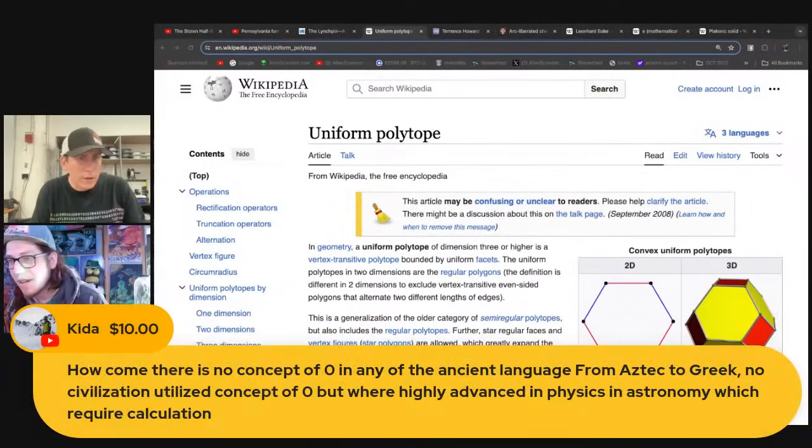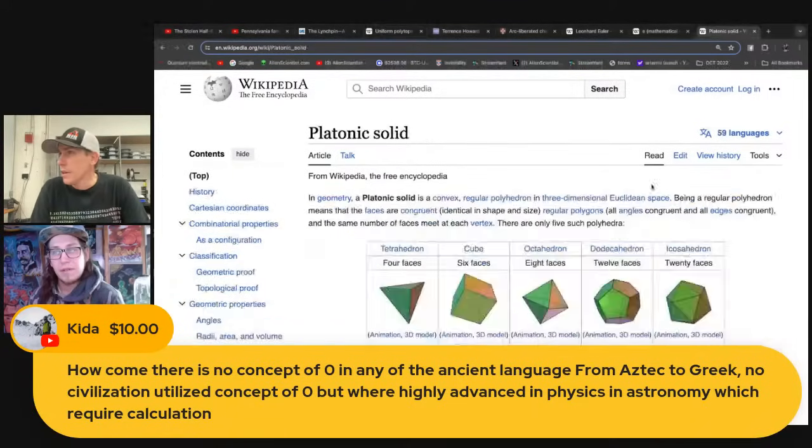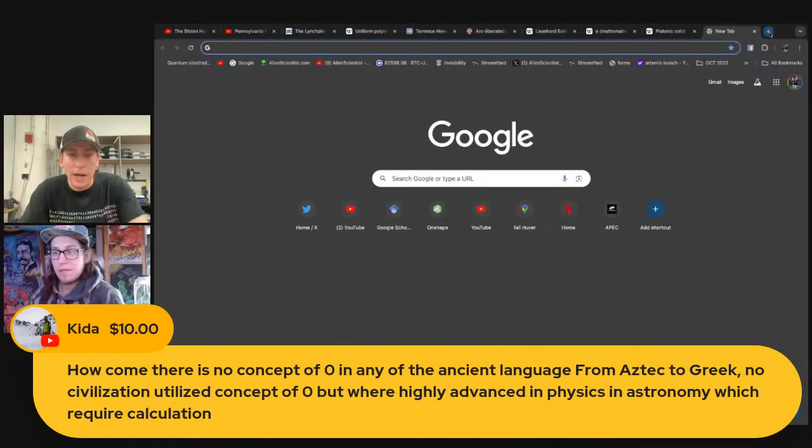Anyways, we got a super chat in there from Kaida. Oh, here we are. How come there is no concept of zero in any of the ancient languages from Aztec to Greek? No civilization utilized the concept of zero, though they were highly advanced in physics and astronomy, which required calculation. I'm maybe mistaken, but how ancient are we talking?